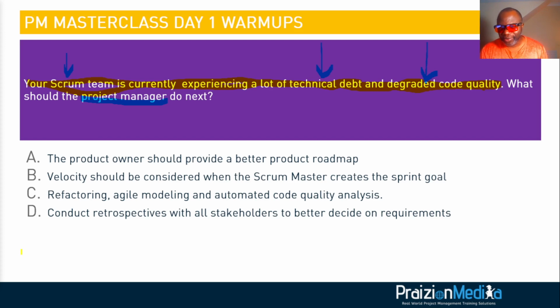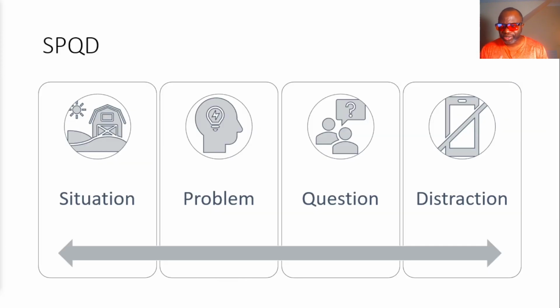This model, I call it the SPQD. Now we're going to come back to this slide, but I want to introduce it. It's the concept of having a distractor. Now you don't know that the distraction has been baked into the question, but it's there. It's niggling, it's bothering your mind, and you're like, a project manager in Scrum? Trust me, it's a distractor.